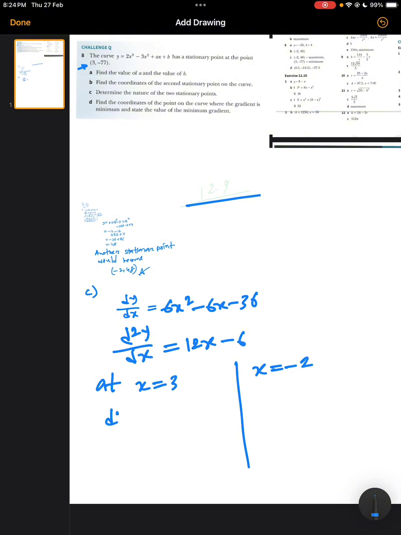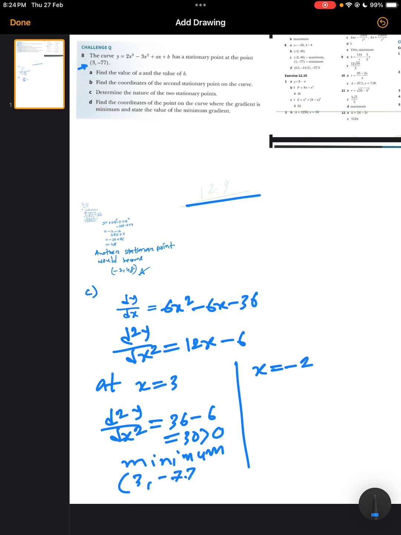Okay, so d²y/dx² at x = 3 would become 36 minus 6, which is 30, greater than 0. So minimum, that means at (3, -77) is a minimum.